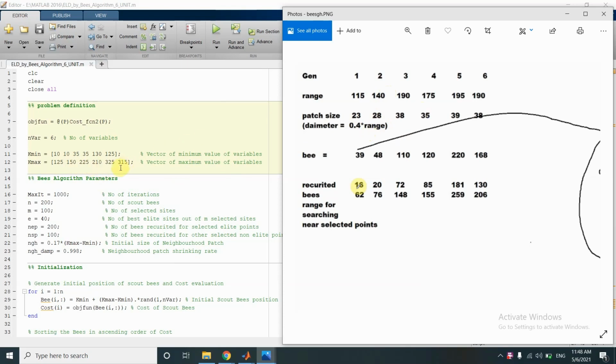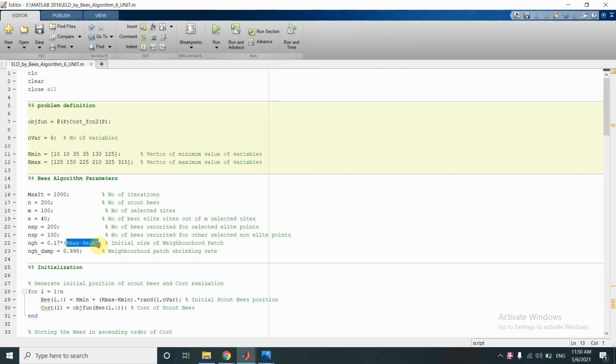Like for the 6th unit, the minimum value is 125, the maximum value of generation is 315, so the range is 190. So this range is nothing but the maximum value minus the minimum value of each generating unit, that is Kmax minus Kmin, denoted by this.